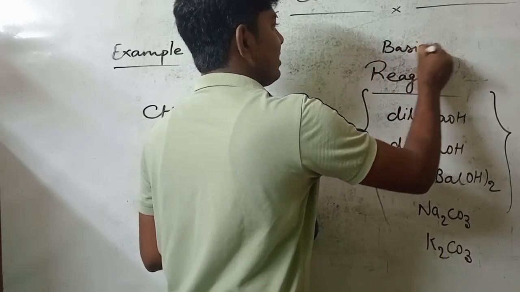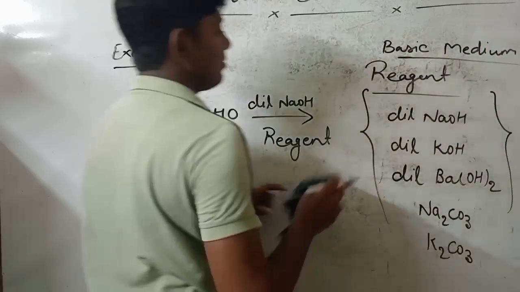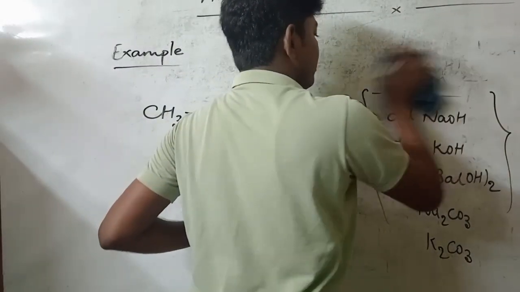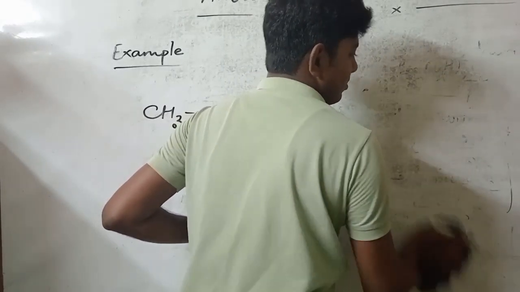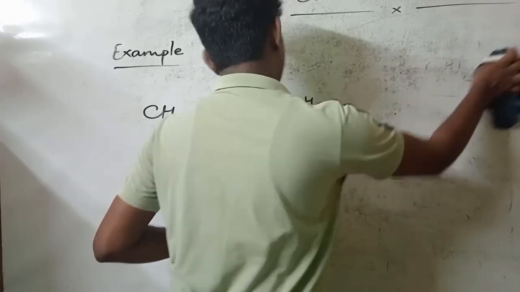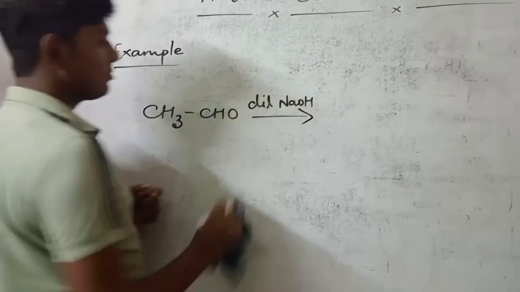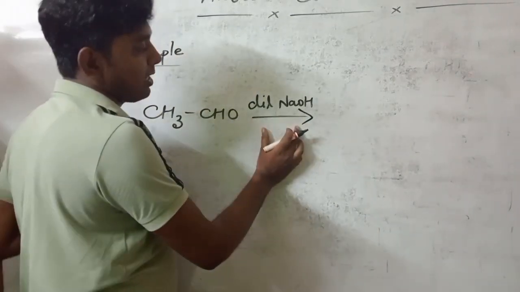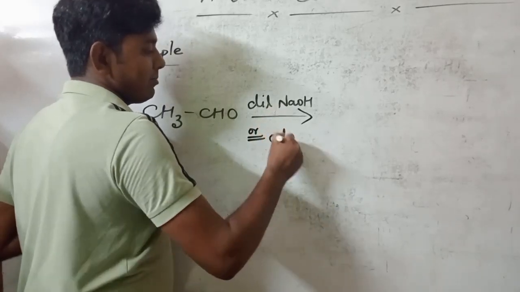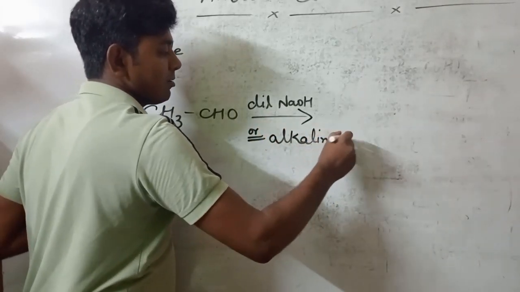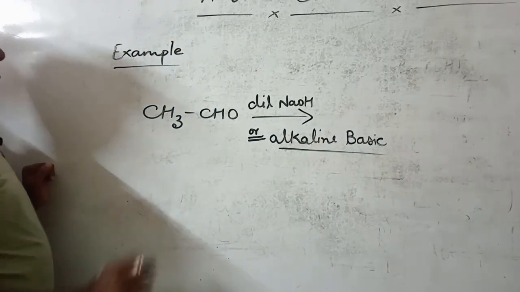What is the nature of this basic medium? Dilute NaOH is called an alkaline base, so an alkaline base medium is required here.